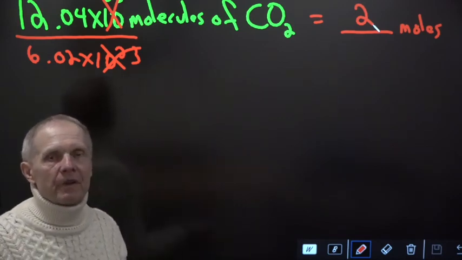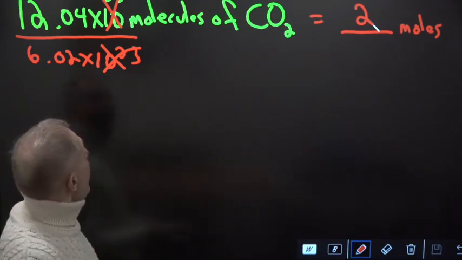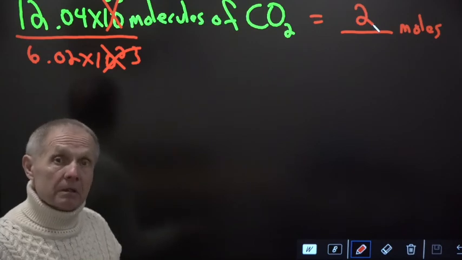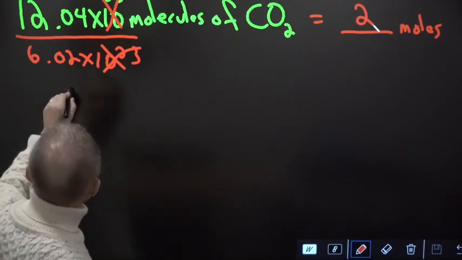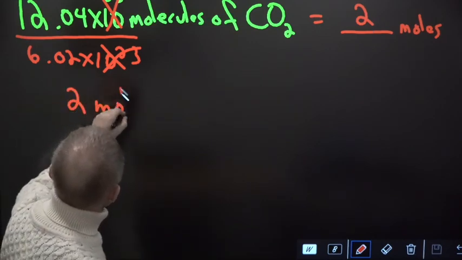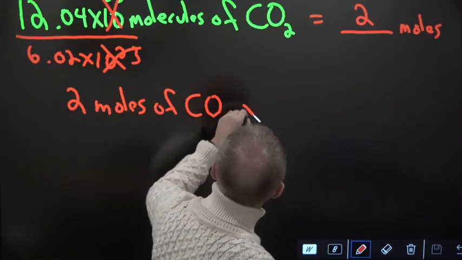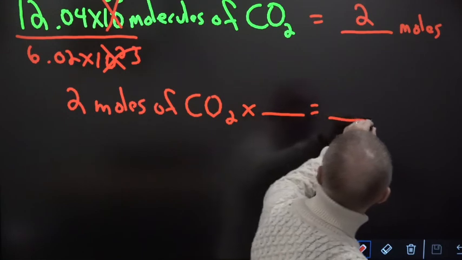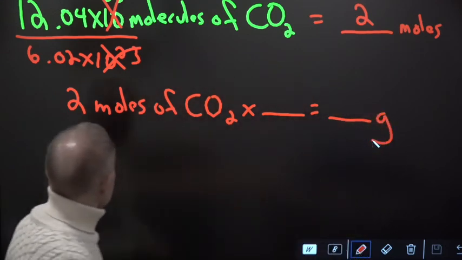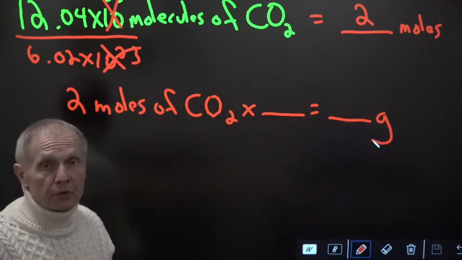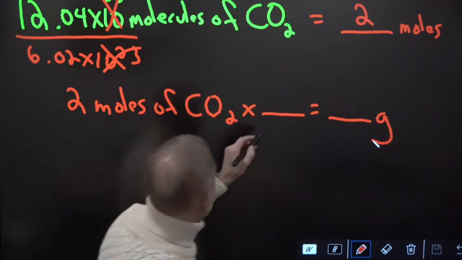All right, we got 2 moles. Now if we wanted to find out how many grams that would be, you go like this: 2 moles of CO2. I want to get out of moles. Whatever you want to get out of goes on the bottom, so we're going to put 1 mole down there.